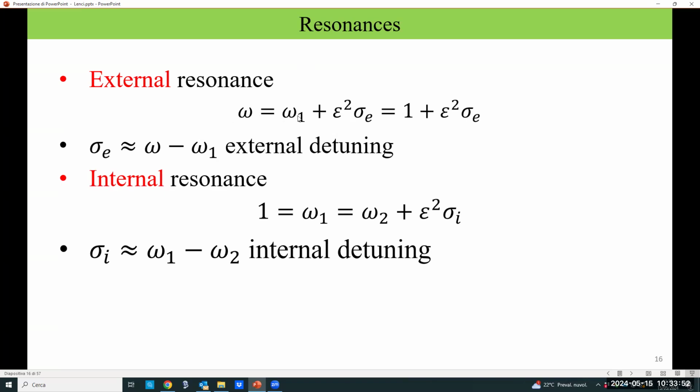Otherwise, if the external frequency is far from the internal frequencies, there is no resonance, and so it is not a problem. And I fully agree with the comment before. These natural frequencies that we consider here are the linear natural frequencies.